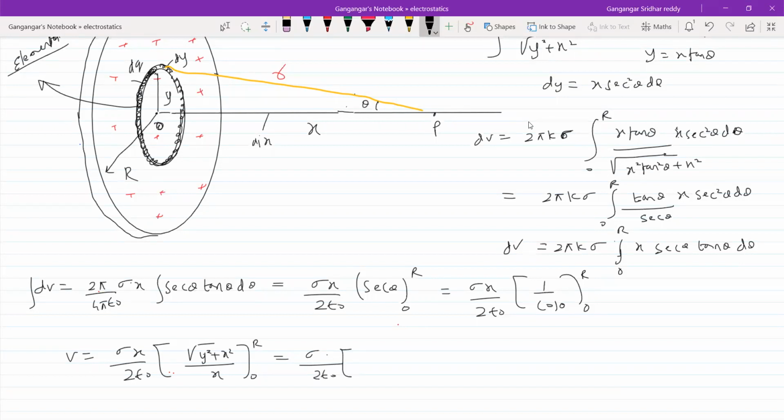This will be sigma by 2 epsilon naught times root of r square plus x square minus x. There's one formula which you have to remember, very important for us. Y will be 0 at the lower limit, yes, minus x.